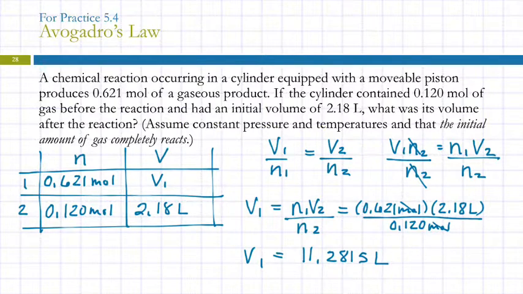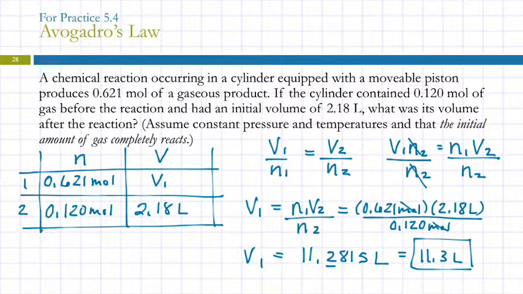And the unit would be liters. Then I need to always think about significant figures. As is common in these problems, each of these numbers has 3 significant figures. So I'll round my answer to 3 sig figs. 11.3 liters.